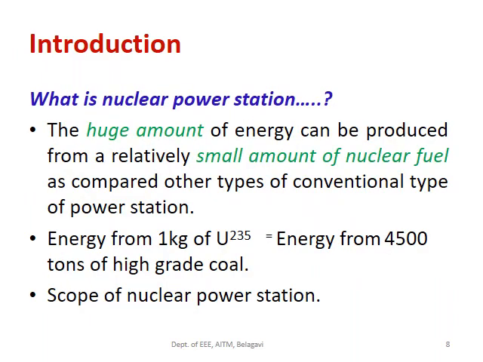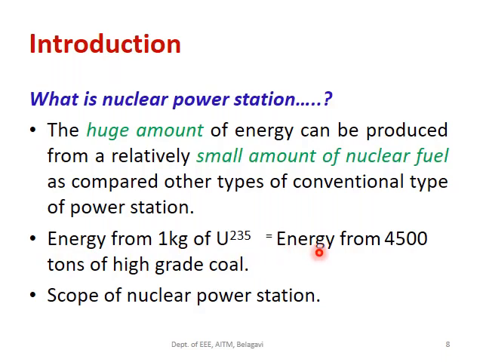The main advantage of a nuclear power station is that a huge amount of energy is produced from a relatively small amount of nuclear fuel, as compared to conventional types of power station, such as a hydroelectric power station or a steam power plant. If we utilize 1 kg of uranium 235, it is equivalent to what?